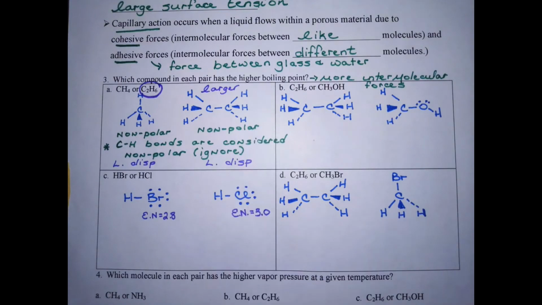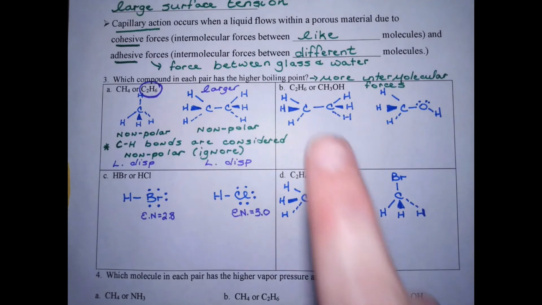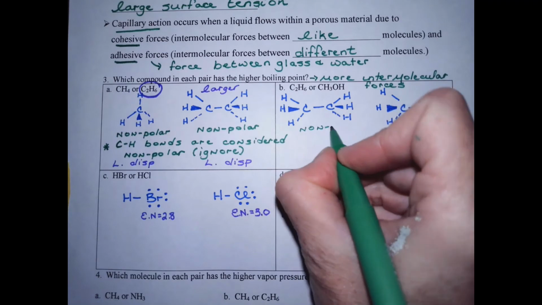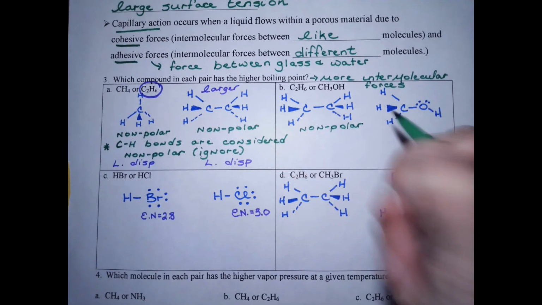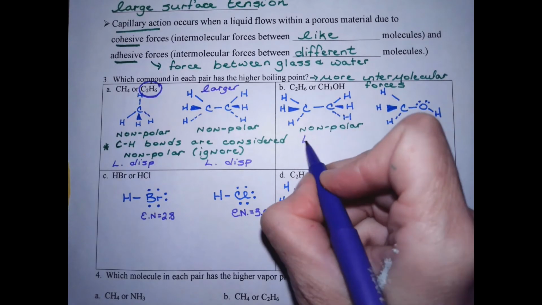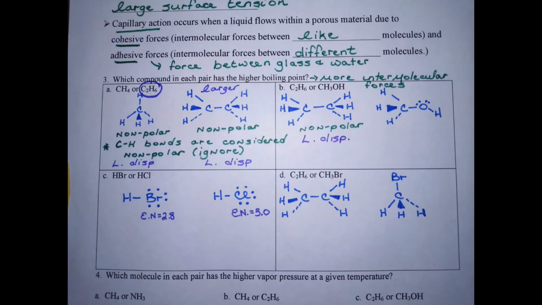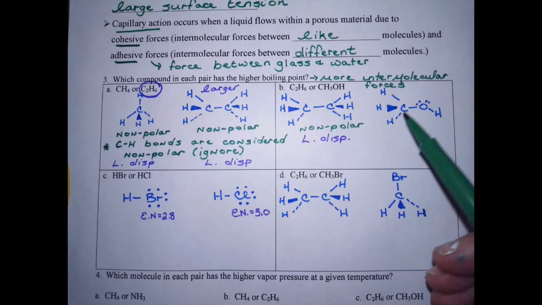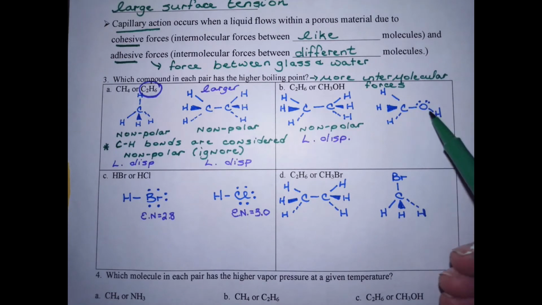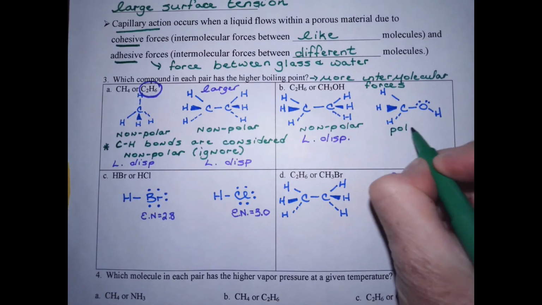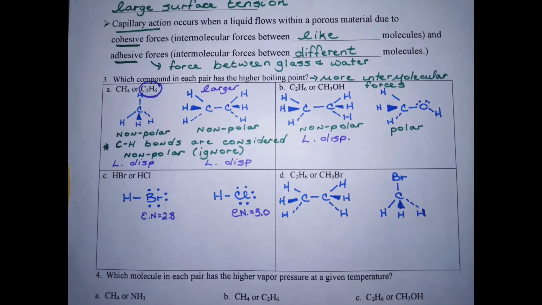Moving on to letter B, we have ethane again. Same analysis: just carbon and hydrogen, so right away nonpolar, nothing interesting there. Since it's just nonpolar, we just have London dispersion. On the next one, the methanol, we have CH3, and then we have an O and an H. We're going to list it as polar. There's a couple ways that I know it's polar. One, it's not very symmetrical looking.